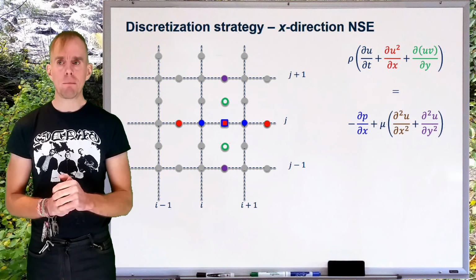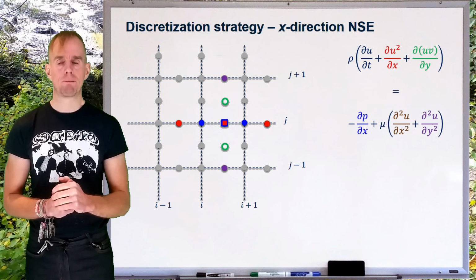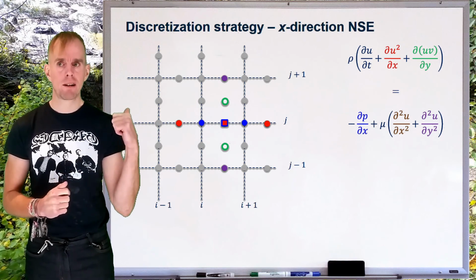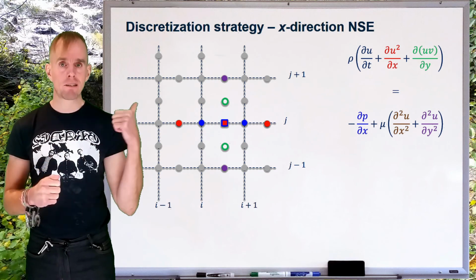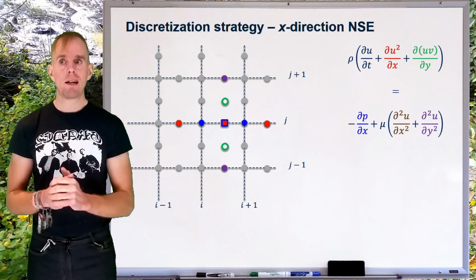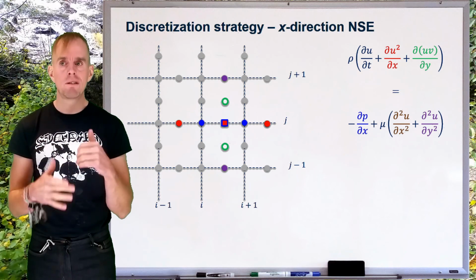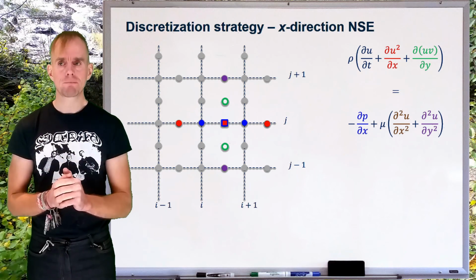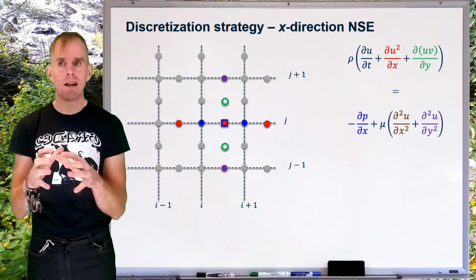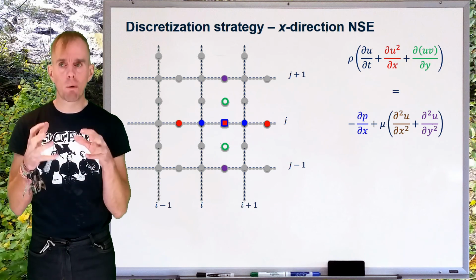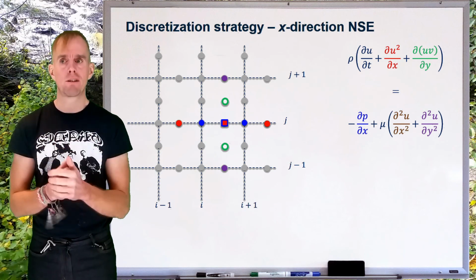And what I end up with is something that I call a stencil. This pattern of nodes here that I've coloured in respect to each of the terms it evaluates is giving us graphical information as to how we're discretising those equations. And so the stencil that we have here is a stencil that is all down to using centre differencing.